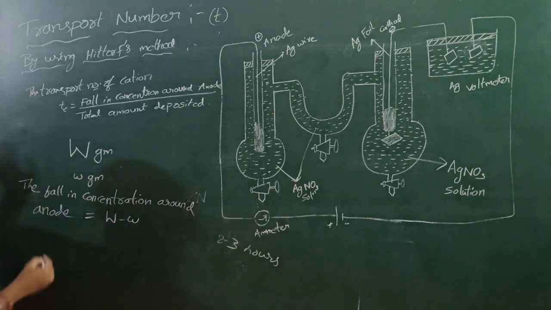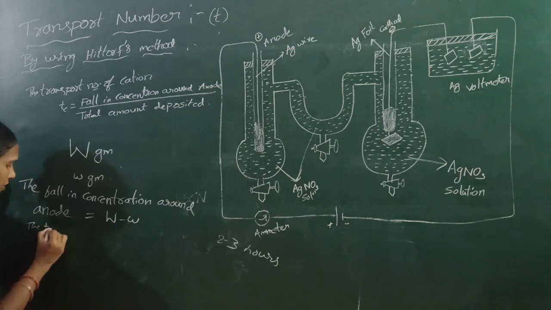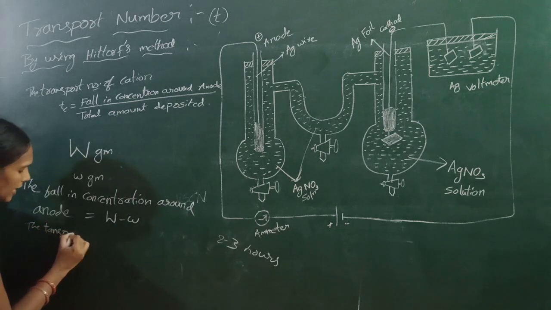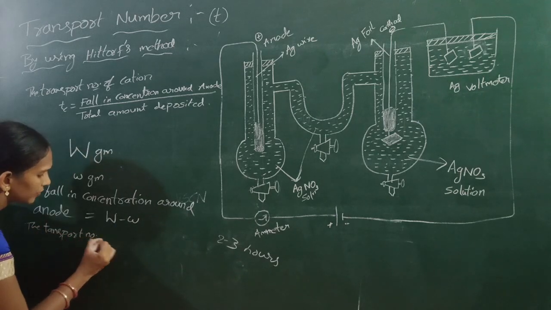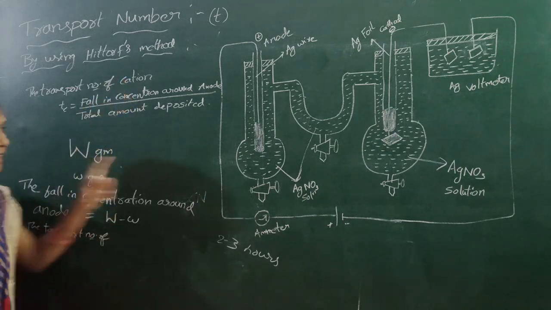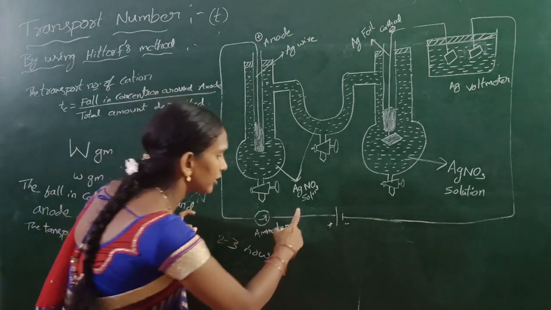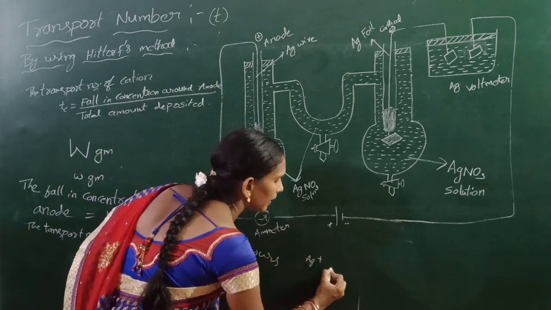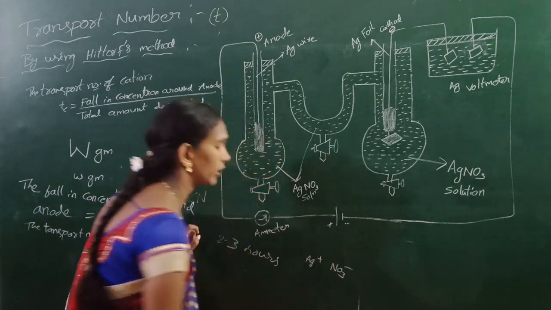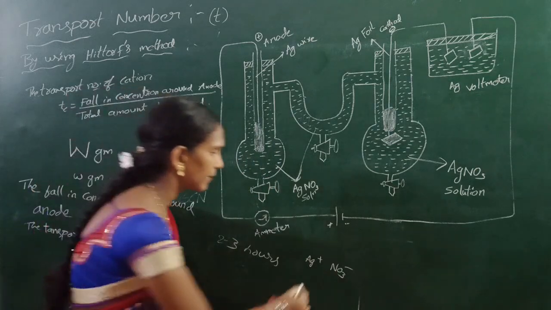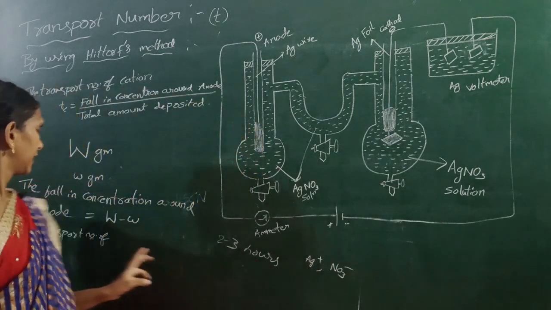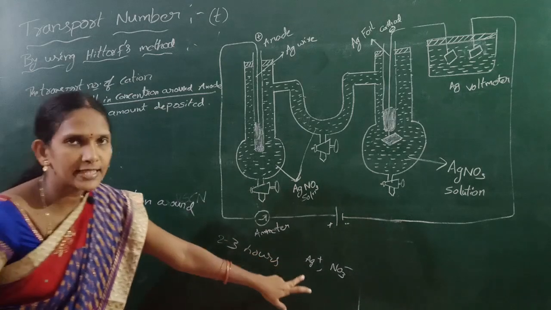Then the transport number of cation. Here AgNO3 means Ag plus and NO3 minus. Here cation means Ag plus.